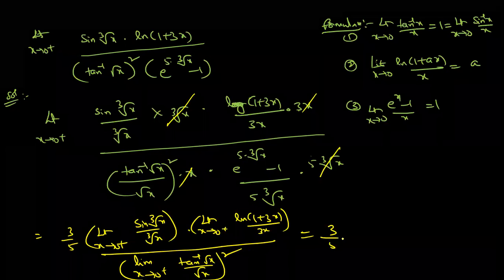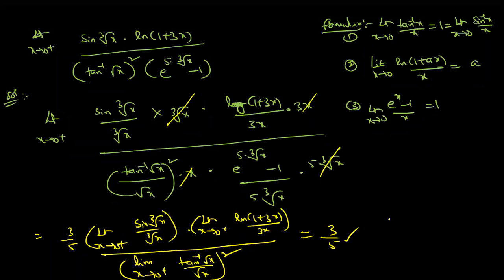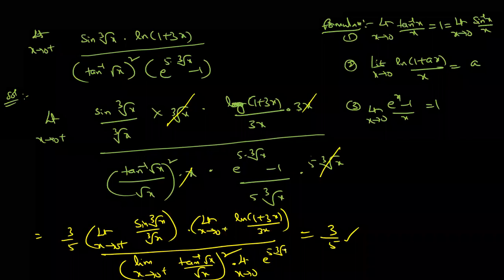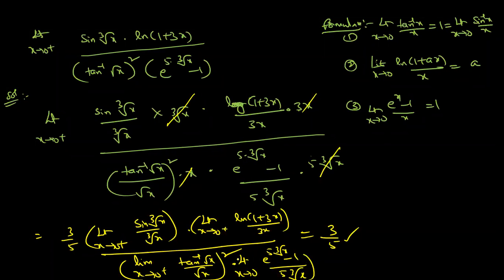What is the answer finally? 3 by 5, into here one more step, into limit x tends to 0 of e^(5 cube root of x) minus 1 by 5 into cube root of x. So using these formulas you can see. So finally what is the answer coming? 3 by 5.